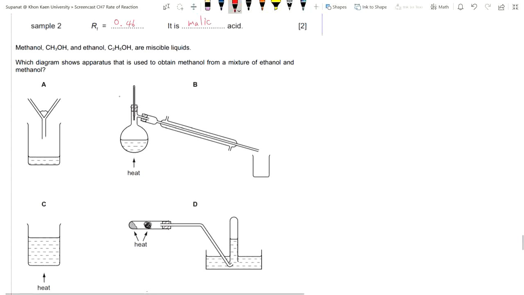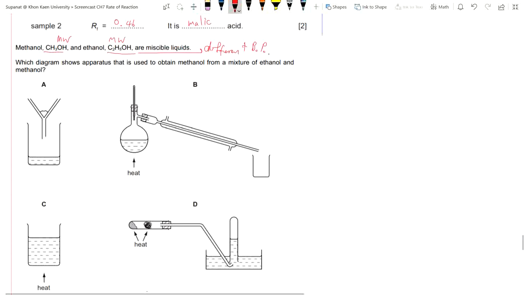So what we see here is the different formulas, right? That means they will have different molecular weights, so the different molecular weights will give different boiling points.